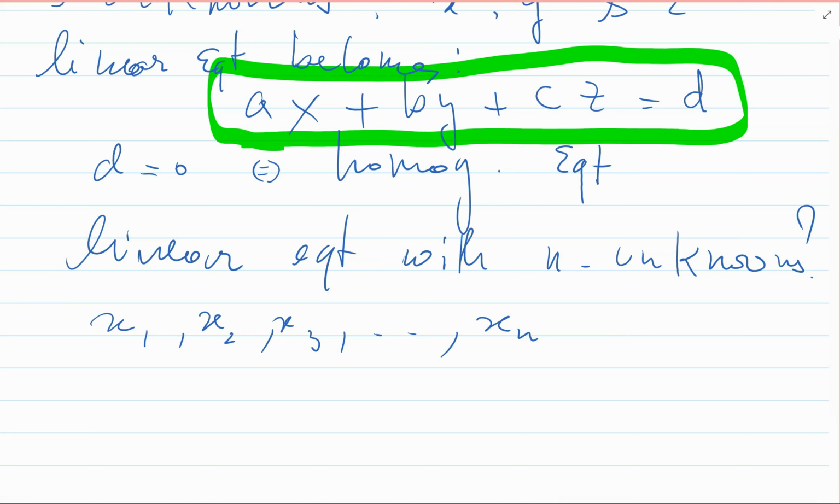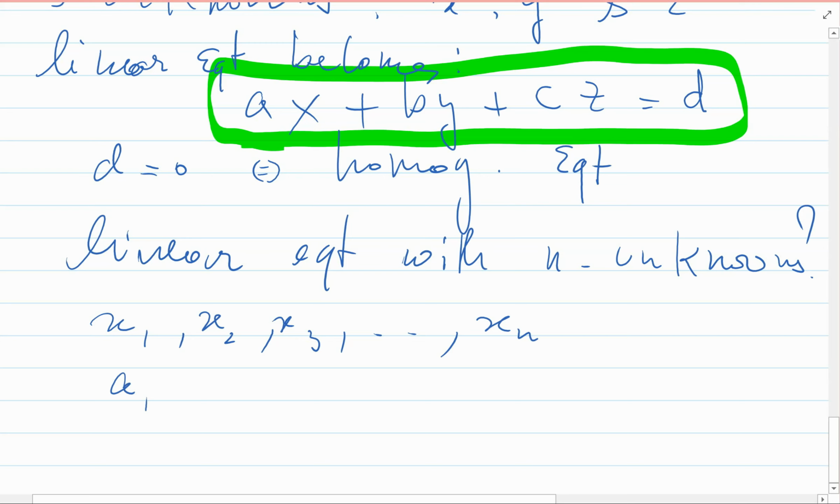And there are systems in economics that involve a huge number of unknowns. So the numbers in front of the unknowns, a, b, and c in the equation you see in the green area, I cannot use a, b, and c. So what we are going to use is a1.